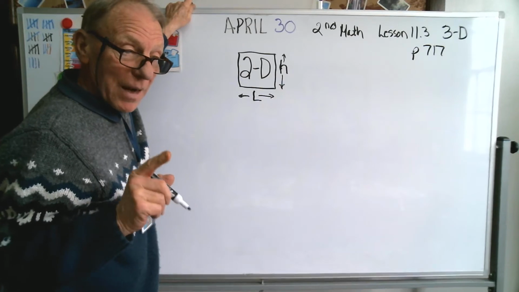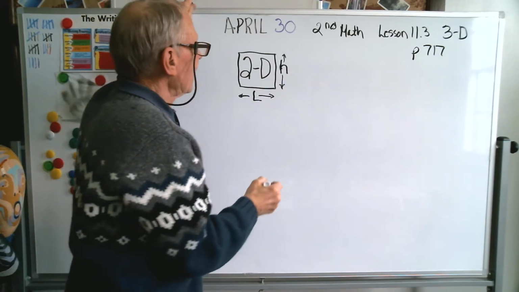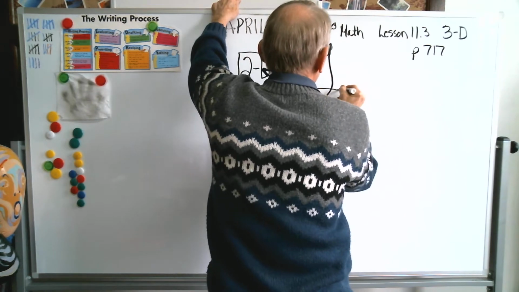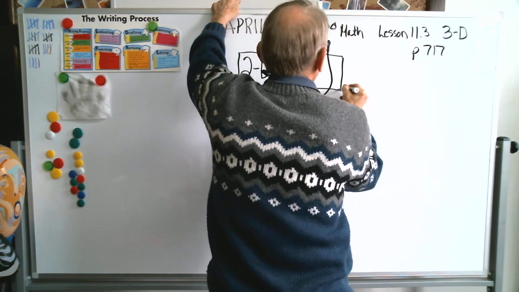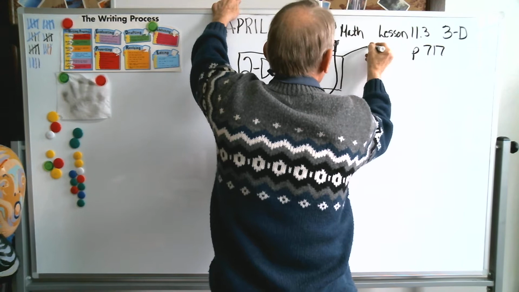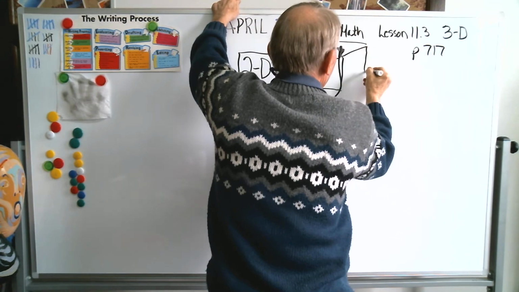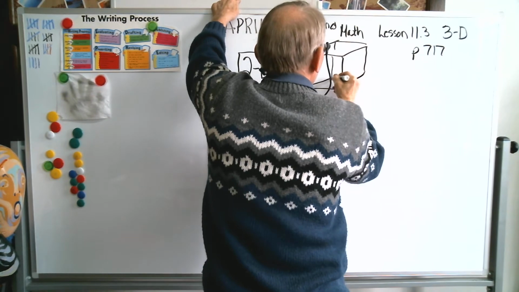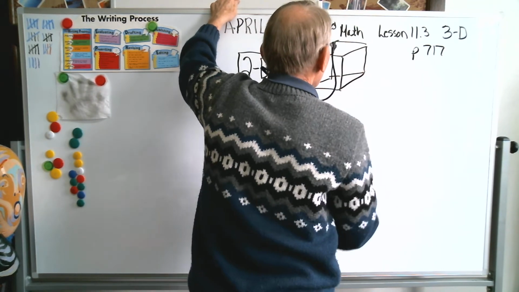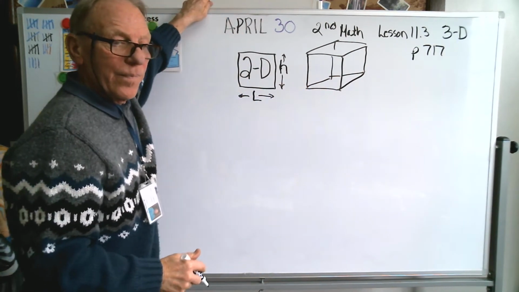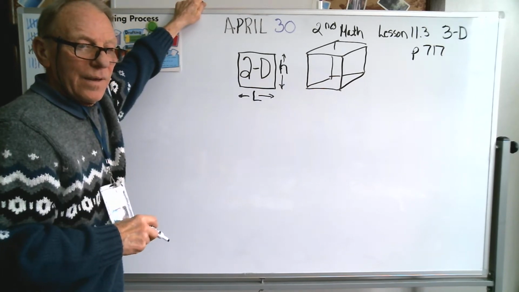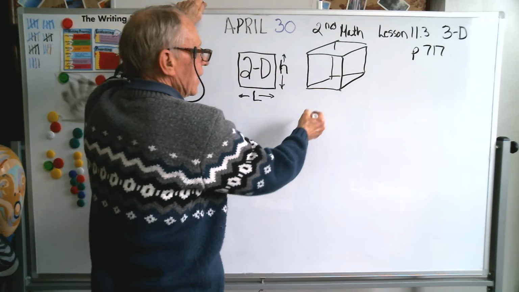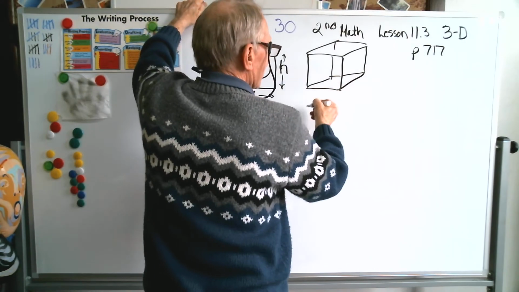Now when we talk about 3-dimension, that same square then takes on an additional dimension. And now it's become a cube. Each side has the same dimension.